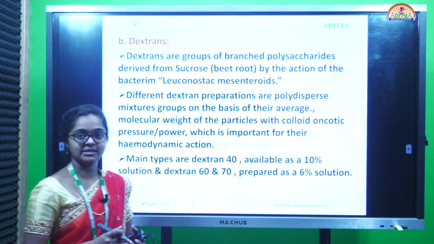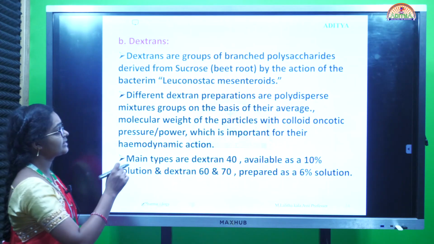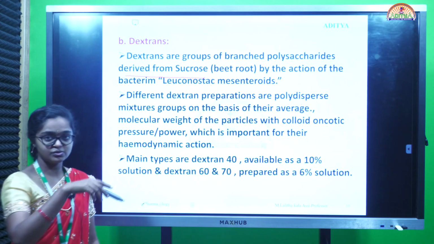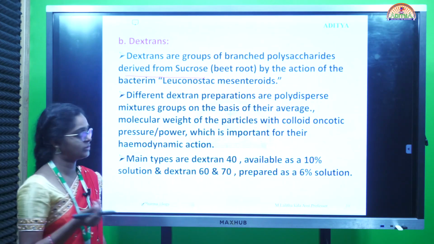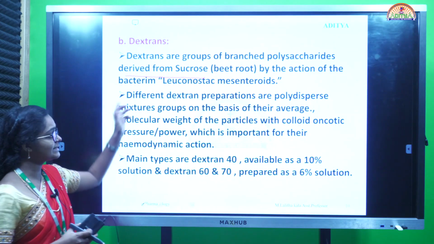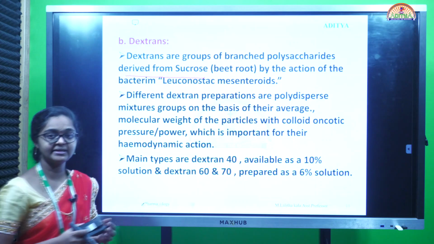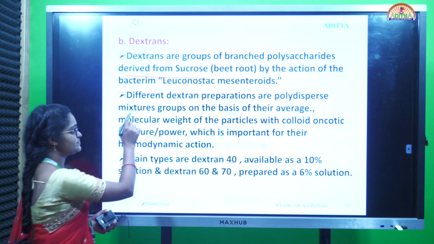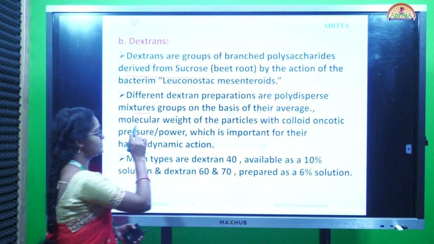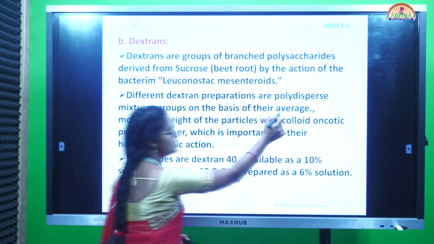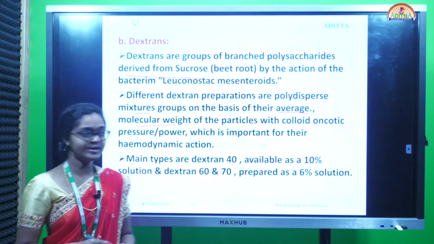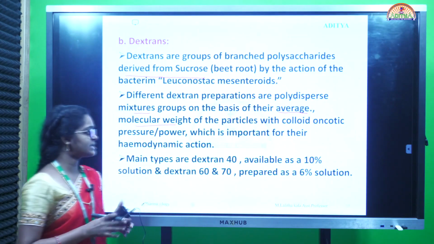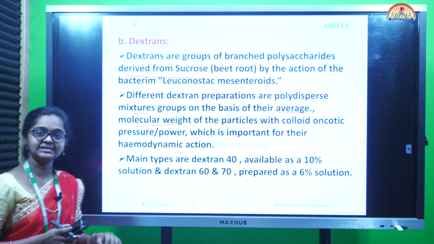Next, dextran. Dextrans are a group of branched polysaccharides derived from sucrose. Sucrose is mainly present in beetroot, by the action of the bacterium Leuconostoc mesenteroides. Next, different dextran preparations are polydispersed mixtures grouped on the basis of their average molecular weight, and the particles have colloid oncotic or osmotic pressure, which is important for their hemodynamic action.